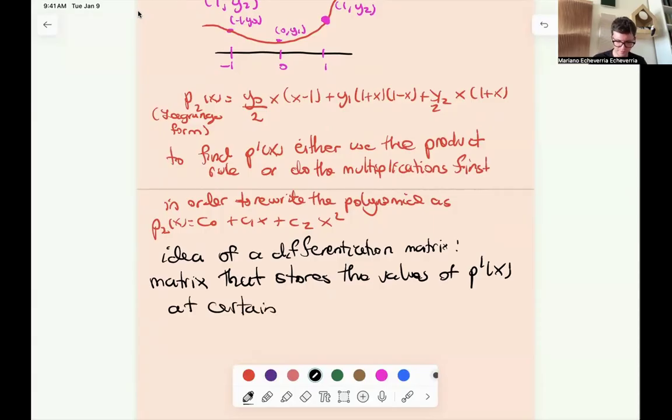I'm about to be a bit more precise. But that will be a convenient gadget to have, because if you need to find derivatives, then you can use the differentiation matrix to compute them more quickly, and you'll see that in a moment. Okay, so far so good?